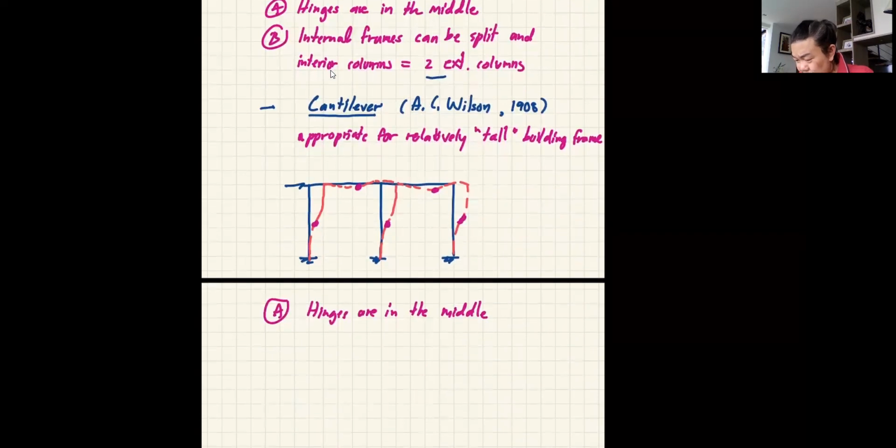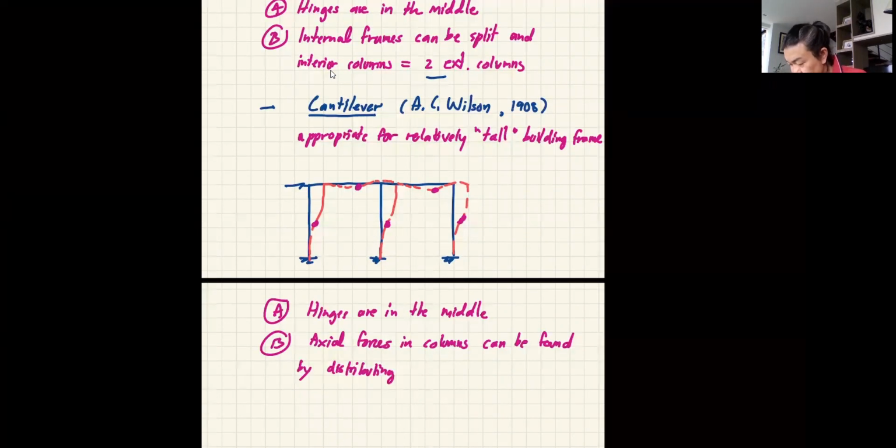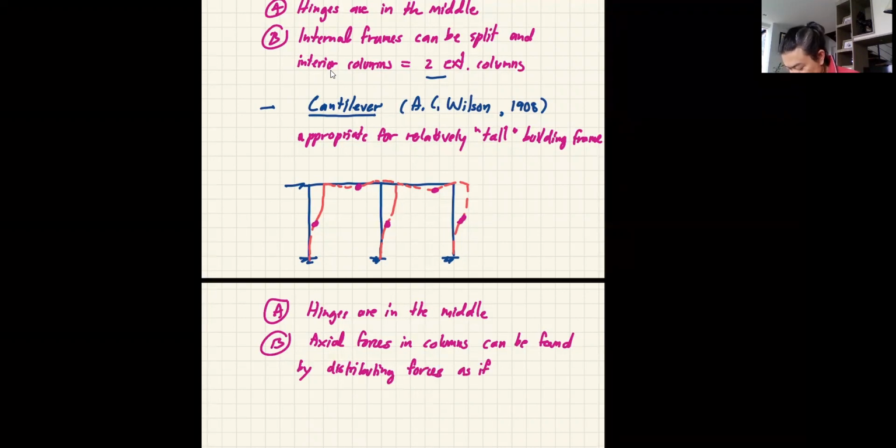So we will here assume that axial force in columns can be found by distributing forces as if the bending stress of a cantilever.